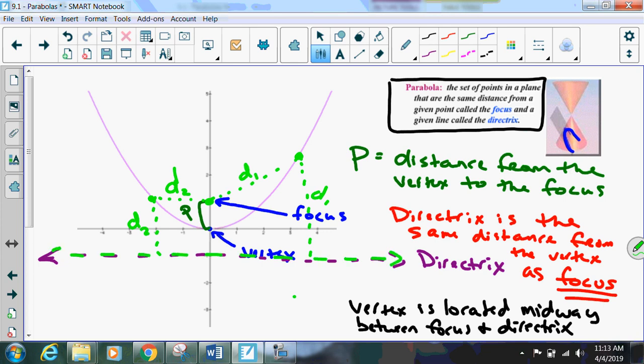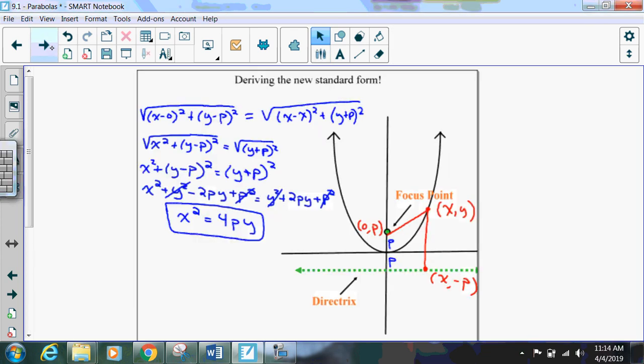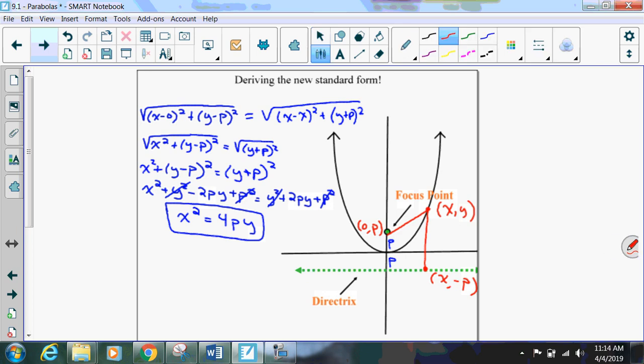Okay, so let's move past the definitions and let's see what it's going to look like as we work with it. Now, I know I included this on your notes. When I used to teach honors pre-calc, I loved deriving formulas, and it just seems like we don't do that enough in regular pre-calc. But if you're interested in how we came up with the standard form of a parabola, which you will see right here, then you can study this derivation.